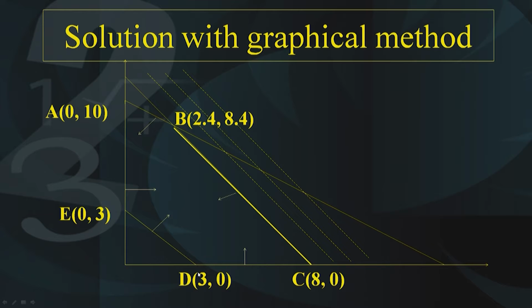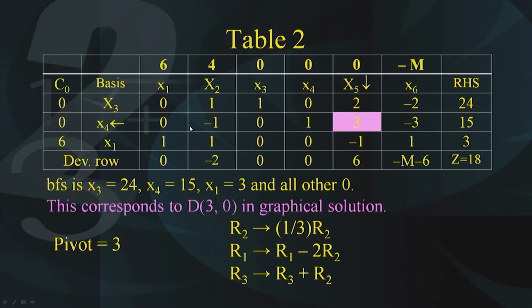This means that we need to look at the next iteration, and in order to do that we need to calculate the deviation row, which we have already done. Next we need to look at which is the largest. So, 6 is the largest, therefore, x5 should enter the basis.